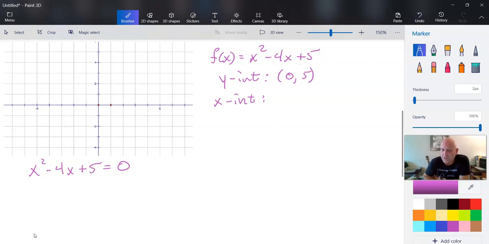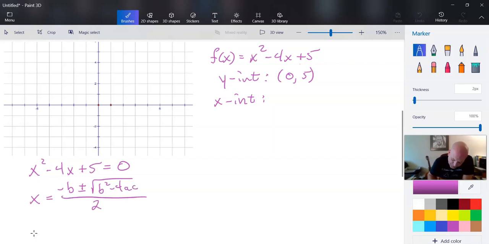I like to use the quadratic formula with this because it actually gives you more information than just the x-intercept. So let's take a look here. If I use the quadratic formula, it should be x is equal to negative b plus or minus the square root of b squared minus 4ac all over 2a. And a, b, and c are just the respective coefficients of x squared, x, and your constant term.